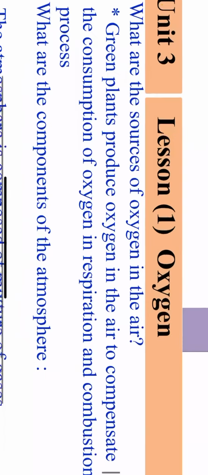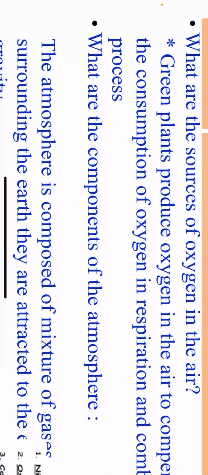The main source of oxygen on Earth is the green plants. They produce oxygen in the air. How? By the photosynthesis process.